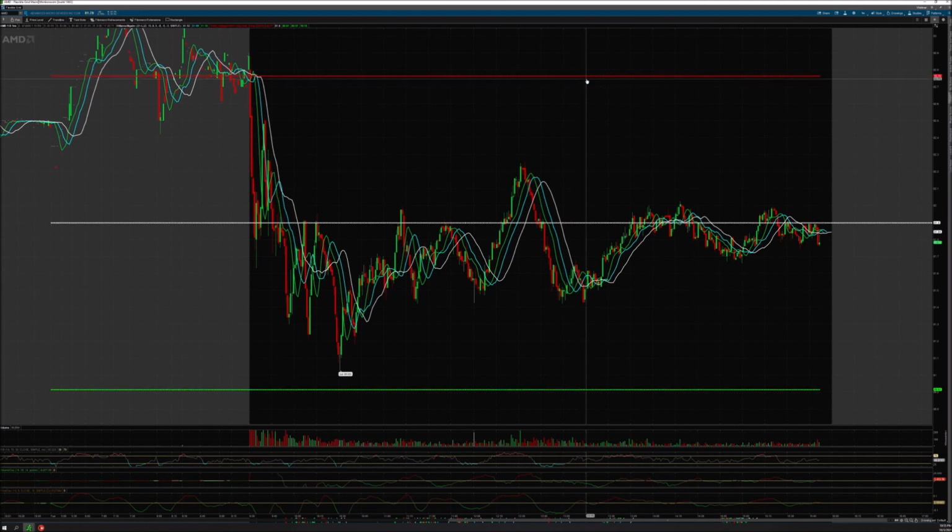Okay. So this is one that I built. No, this is the red, white, and green.